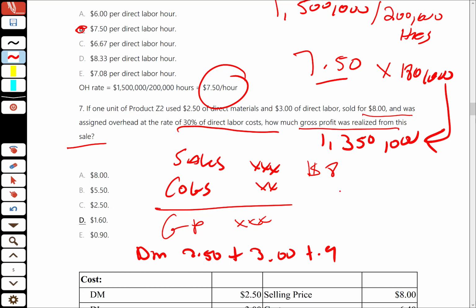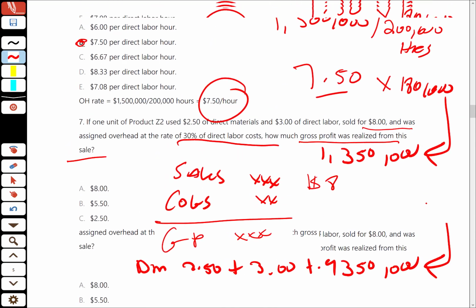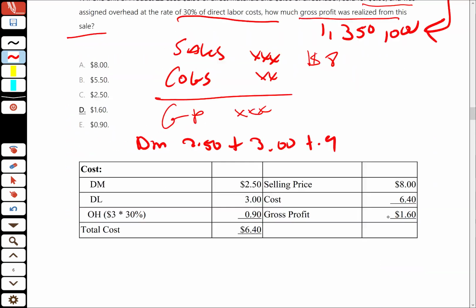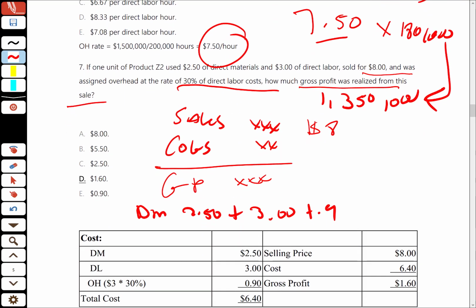What is the total of this? $6.40? Okay, so $8 minus $6.40 gives us what? $1.60?